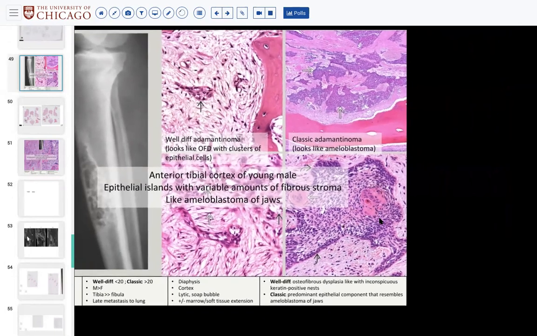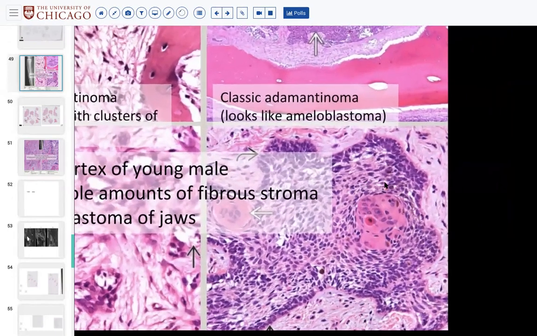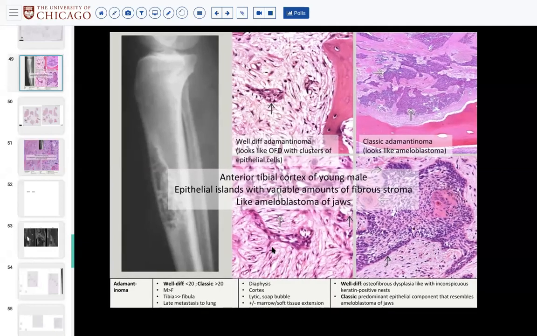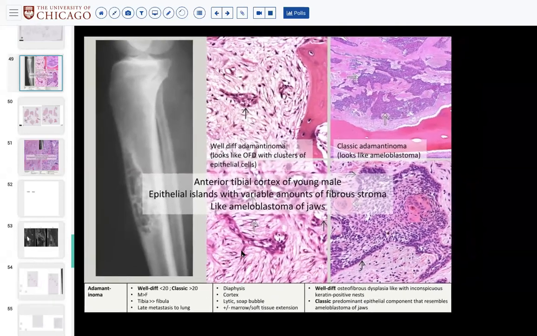The classic adamantinoma that looks more like an ameloblastoma of the jaws, or sometimes even like a craniopharyngioma perhaps, is more obvious, seen on the right here. It's these giant islands with even some keratinizing cells. Both of these histologic variants are good for adamantinomas.